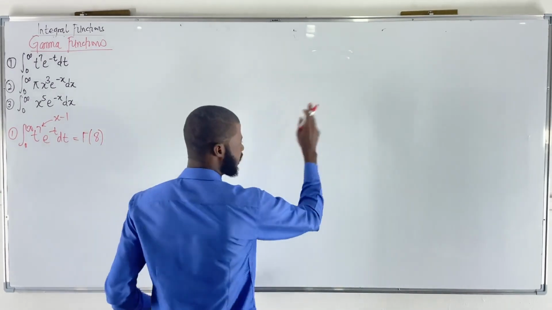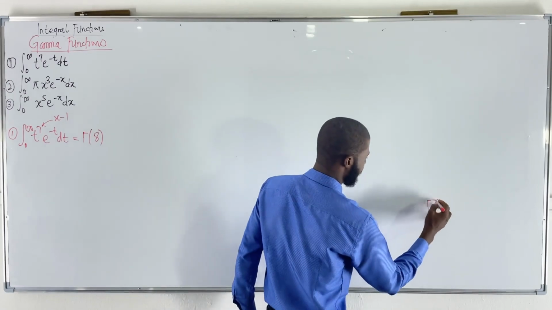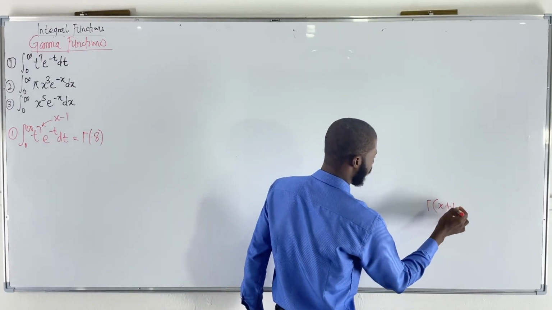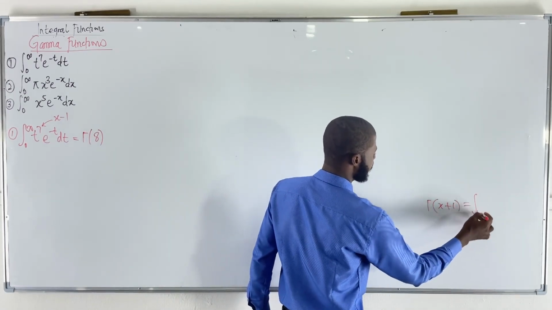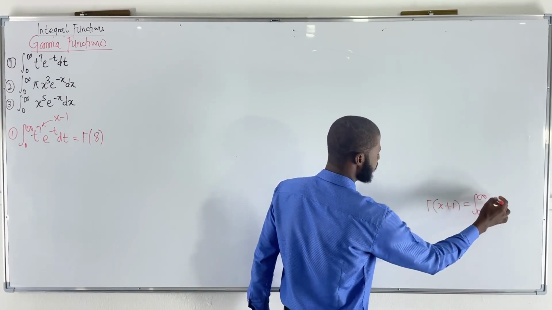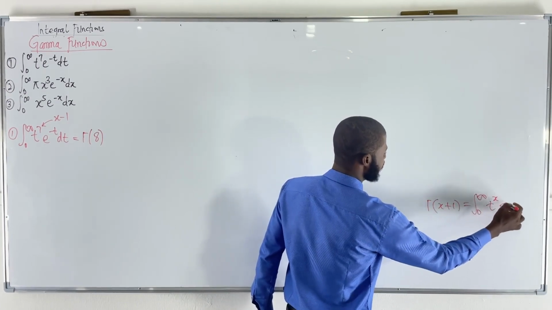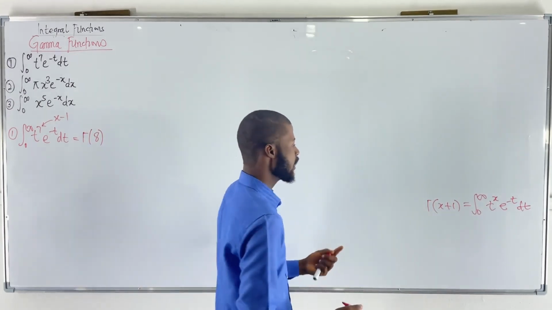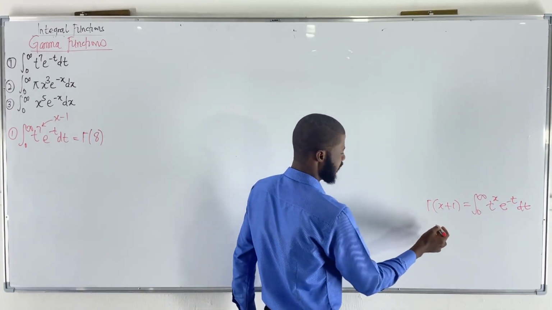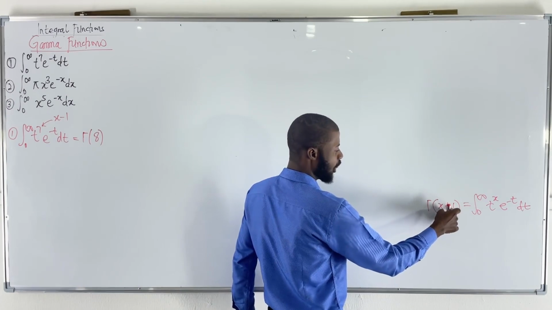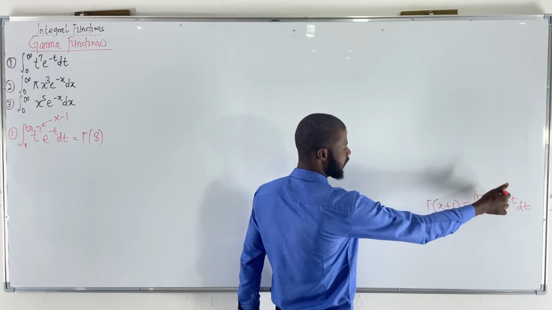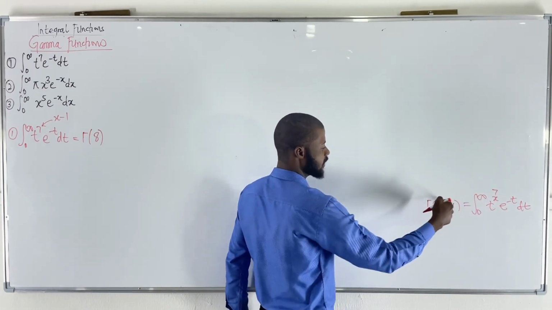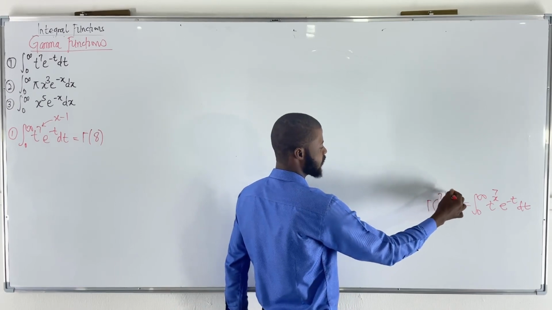Remember that the gamma function says that the gamma of x plus 1 is equal to the integral from 0 to infinity of t to the x e to negative t dt. That's the gamma function. Now, this also tells me that if I have a number 7 here, that means what is here is actually 7 plus 1.